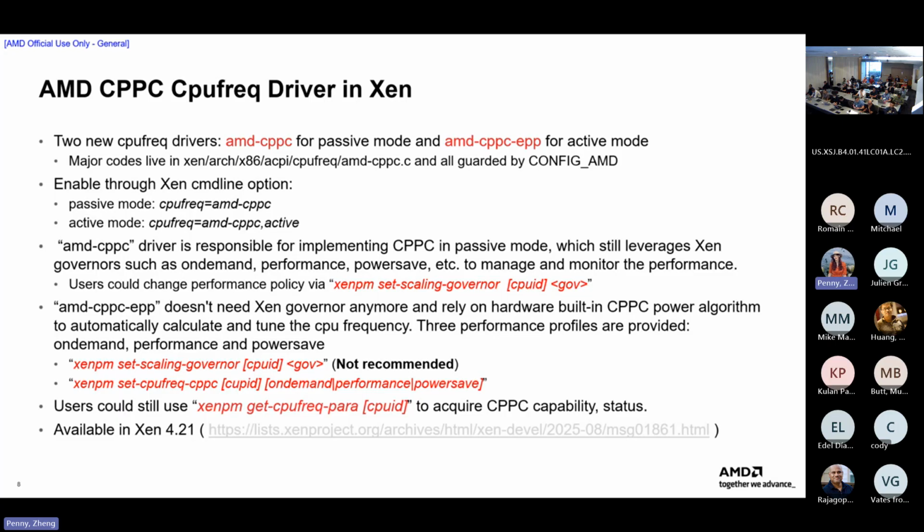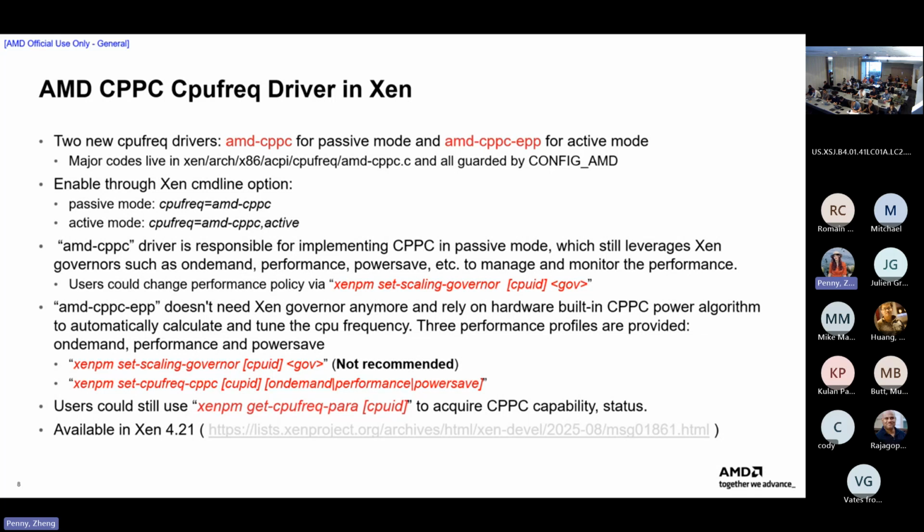The amd-cppc-epp driver is for the active mode, and it doesn't need the governor anymore, and it relies on the hardware built-in CPPC power algorithm to automatically calculate and choose the CPU frequency.